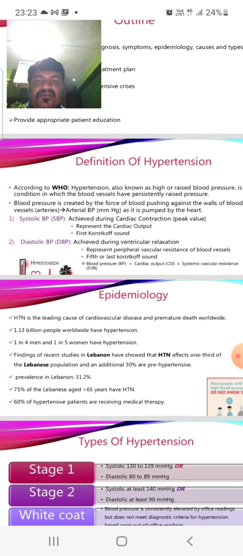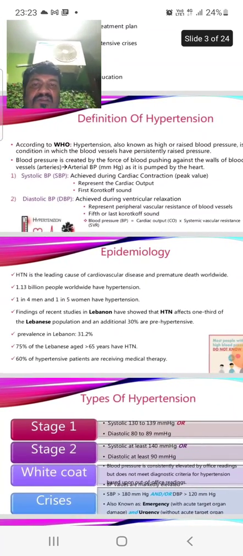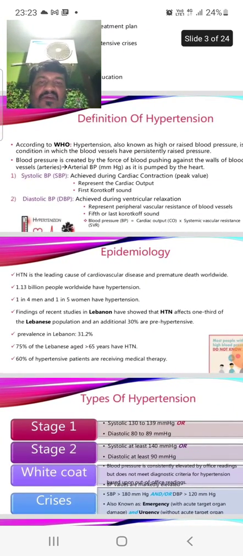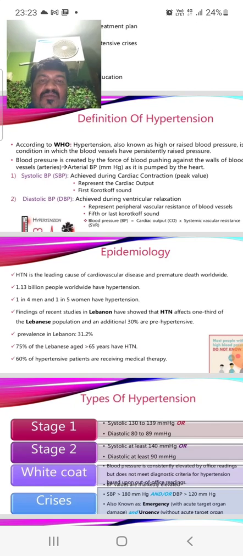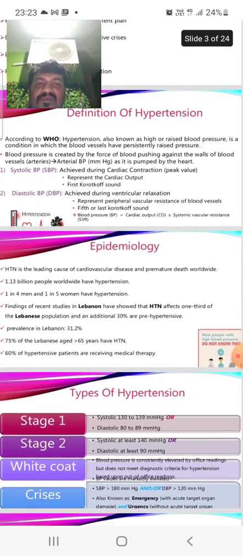Findings of recent studies in Lebanon have shown that hypertension affects one third of the Lebanese population and an additional 30% are pre-hypertensive. The prevalence in Lebanon is about 31.2%. 75% of the Lebanese aged more than 65 years have hypertension. 60% of hypertensive patients are receiving medical therapy.